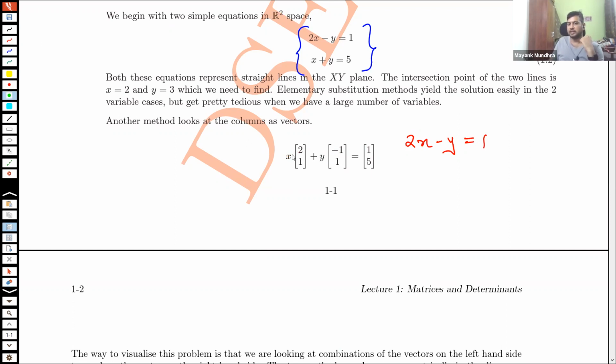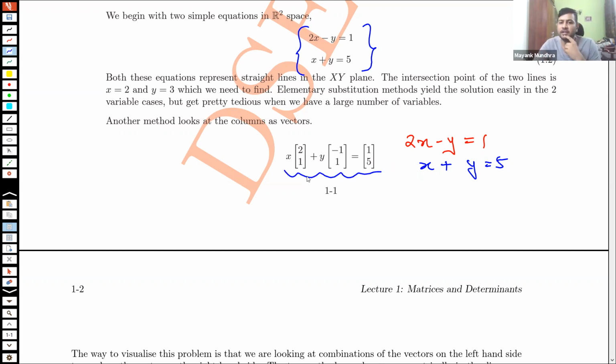The second equation becomes 1 times x plus 1 times y equals 5, which is basically x plus y equals 5. So these are your 2 equations. These 2 formulations are the same, but why do I write it like this?